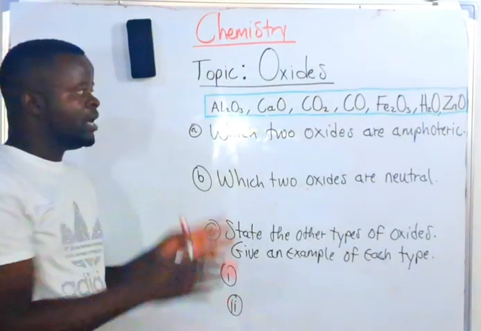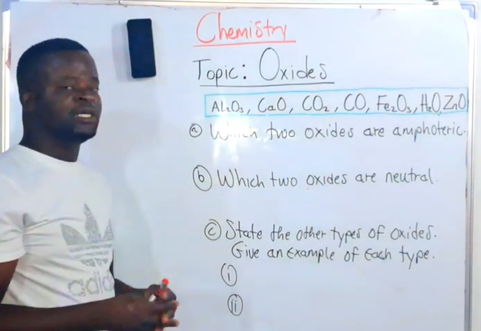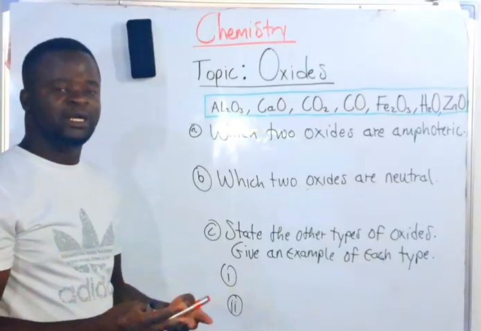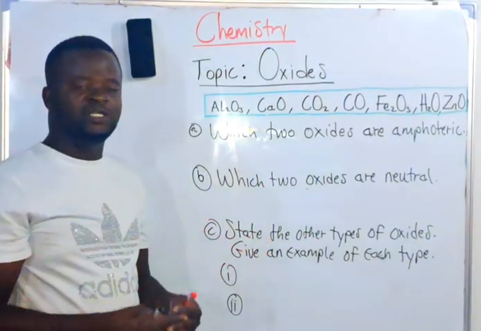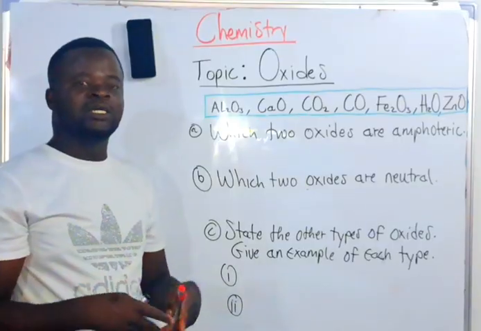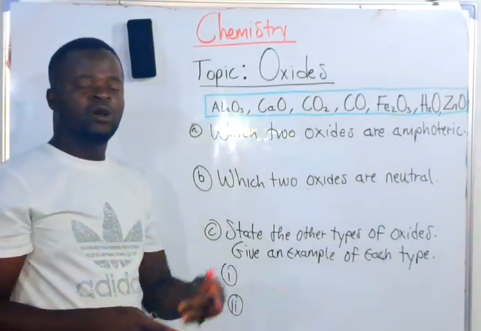So for you to pick among the types of oxide that have been given, to only choose two oxides that are going to represent amphoteric oxide, all you need to do first is to understand what type of oxides are amphoteric oxide. Remember that the amphoteric oxide, these are oxides that exhibit either the characteristics of acidic or basic.